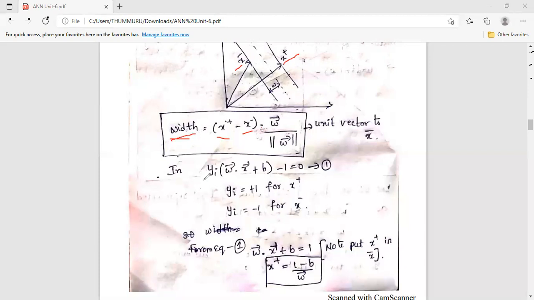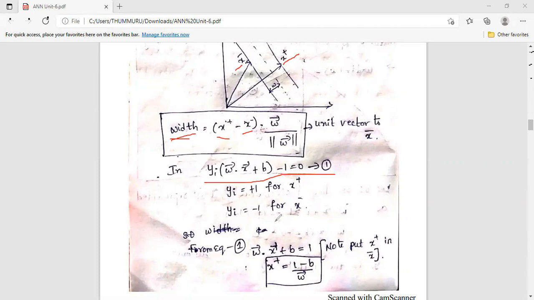And the support vector equation is yi into (weight vector into input vector plus b) minus 1 equals 0. This is the formula which we have seen earlier for the support vector equation.